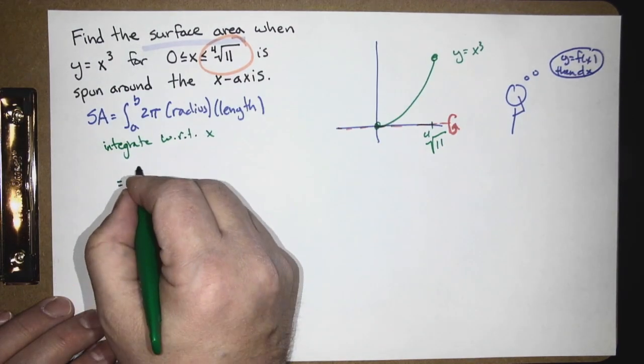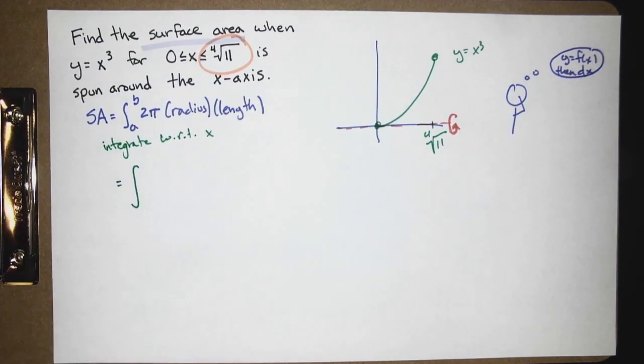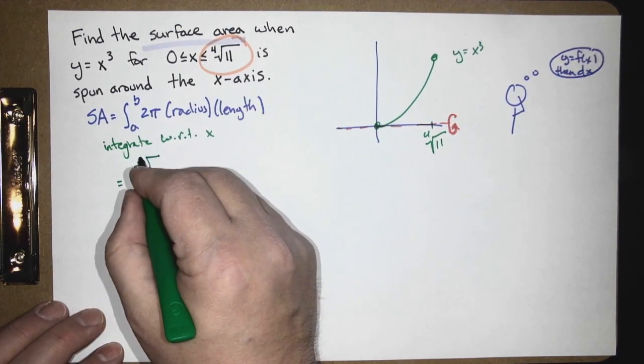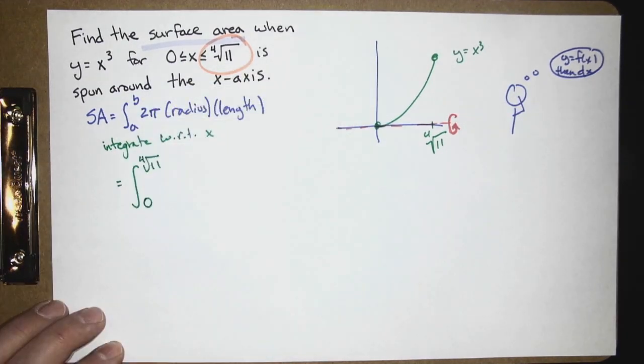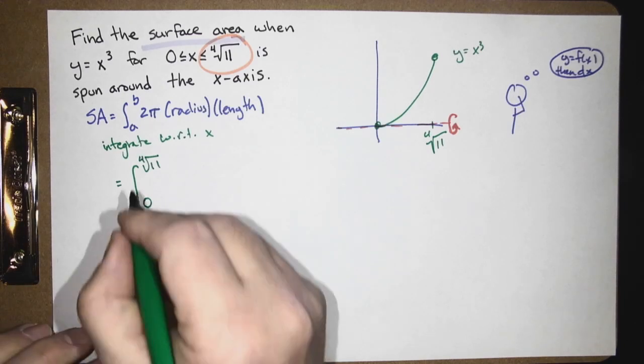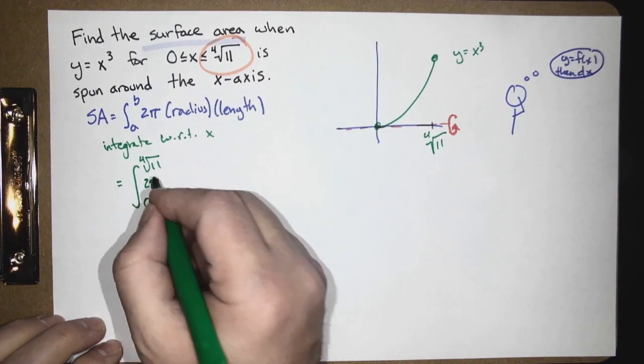All right, with this in mind, we can start filling things out. What are our bounds for x? 0 and 4th root of 11, because they gave us our x bounds. 2 pi becomes 2 pi. Yeah, it's a number.